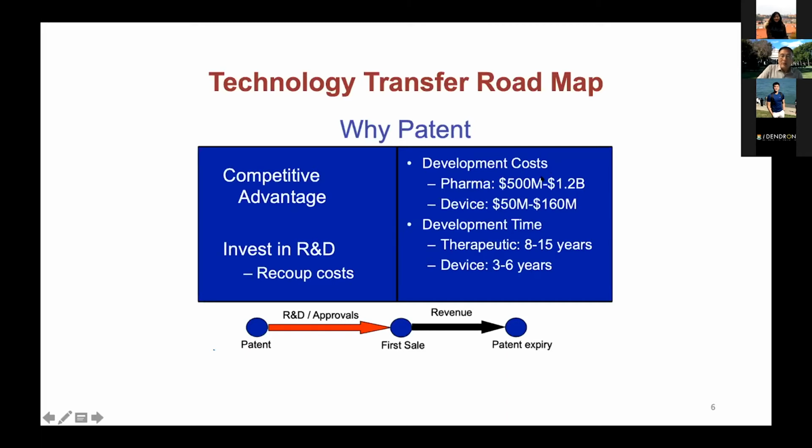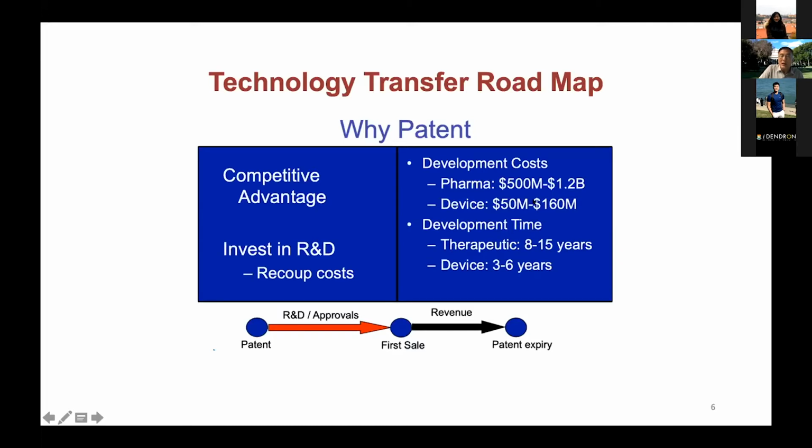The other part is, when we talk about the cost, development costs, as an example for pharma companies, it is pretty big, from 500 million to 1.2 billion. Sometimes it goes over almost $2 billion US dollars. It's huge. For medical devices, the typical cost is 50 million to 160 million.